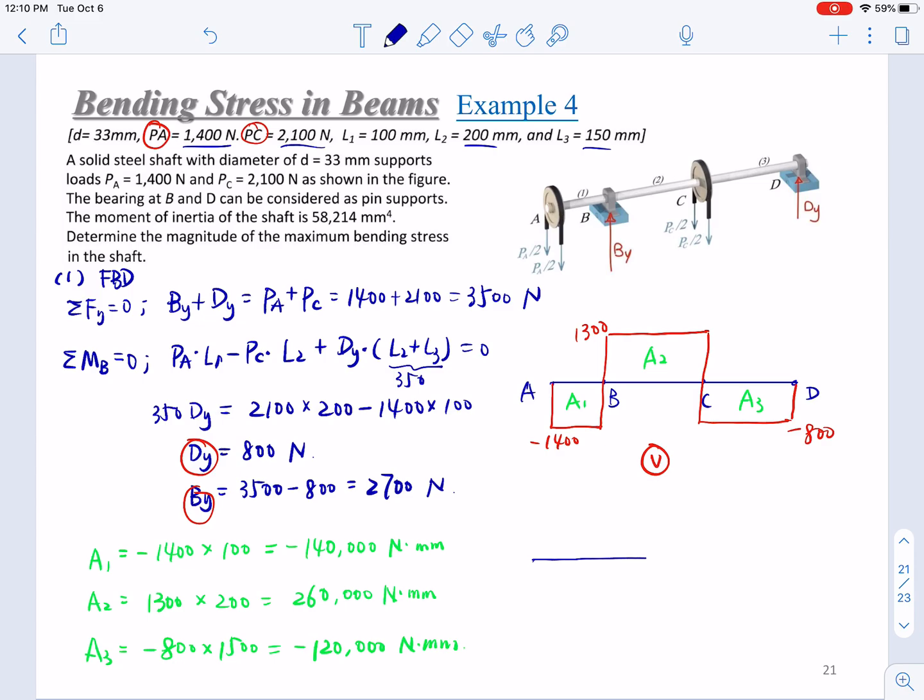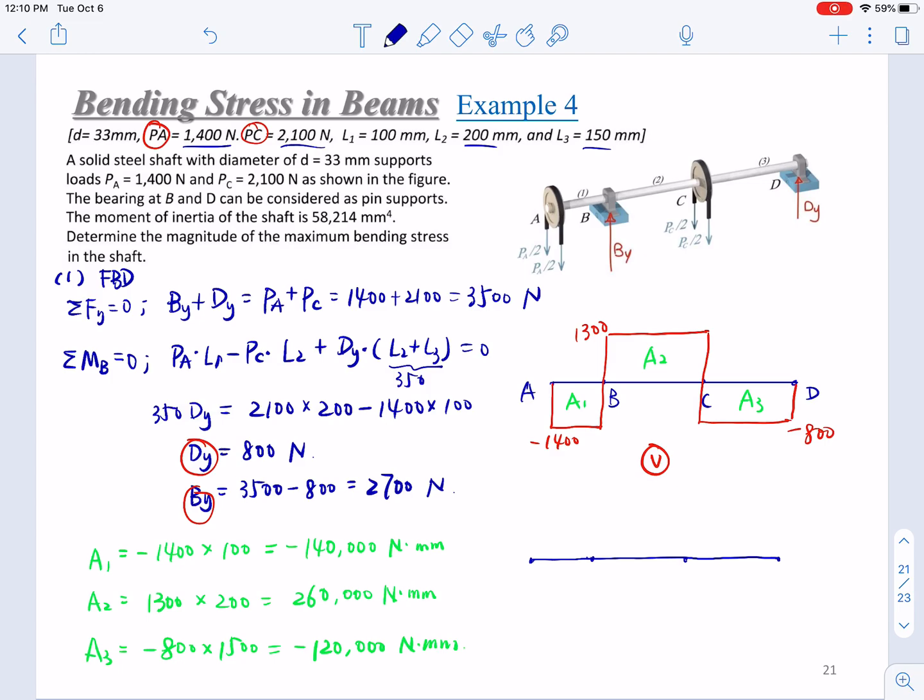Okay, based on these three areas, we can draw the moment diagram. Have A, B, C, D. And we will start from 0, right? Since at point A, we don't have any bending moment. Start from 0, then it will encounter A1 that is negative.